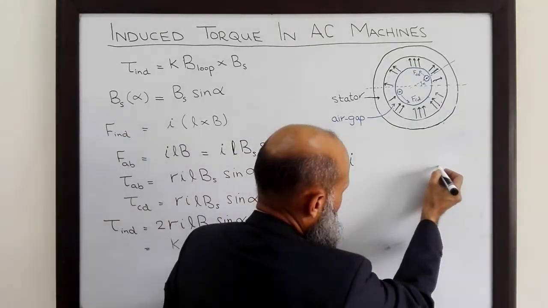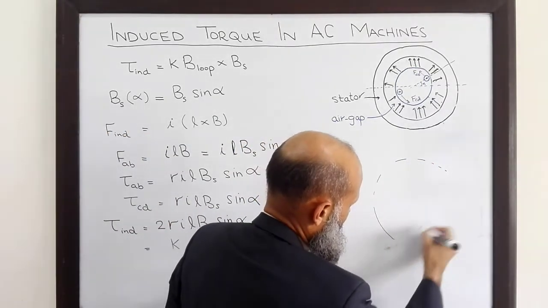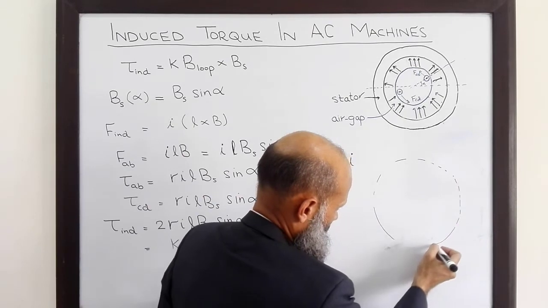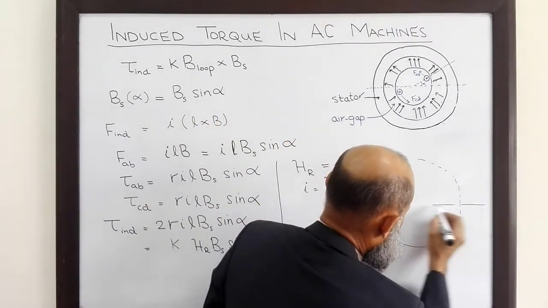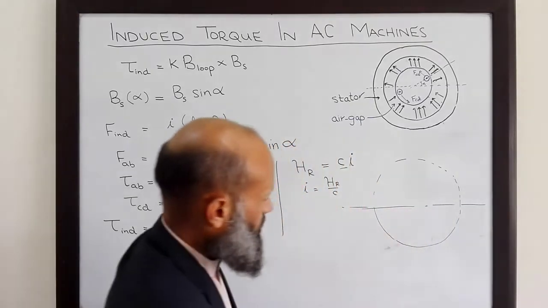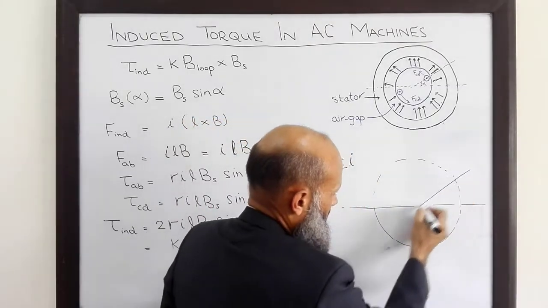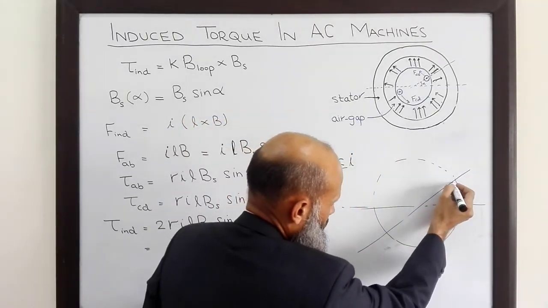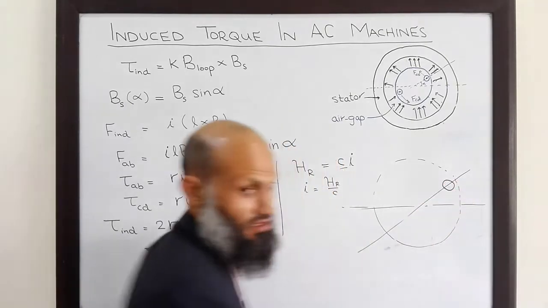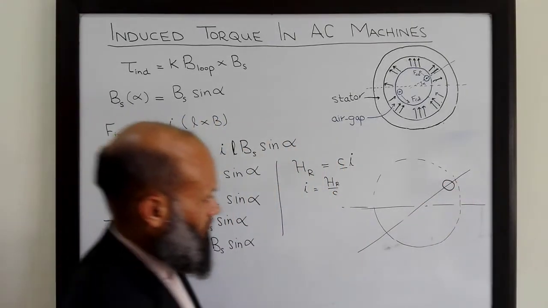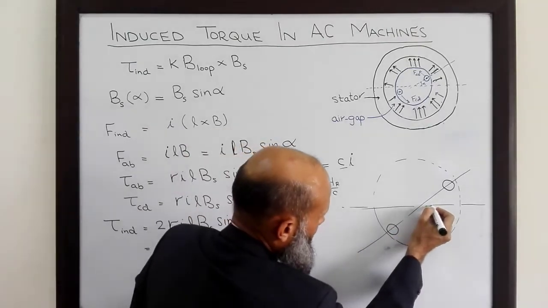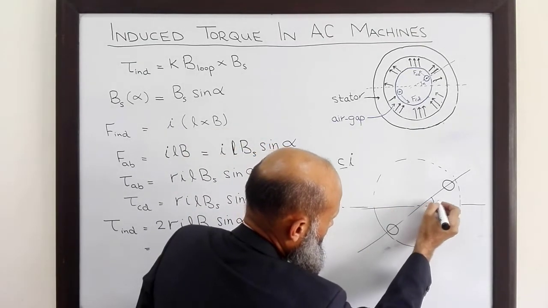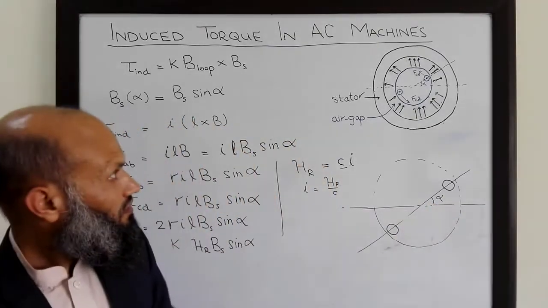So here we have the rotor, and we have placed these coils at an angle alpha. One side of the coil is over here, and the other side of the coil, and this angle is alpha.